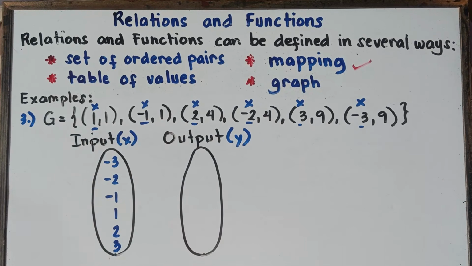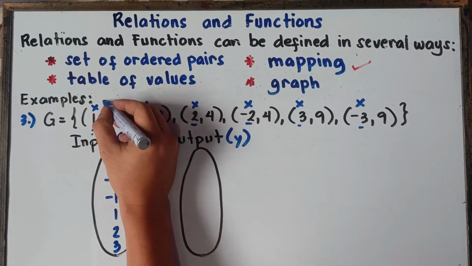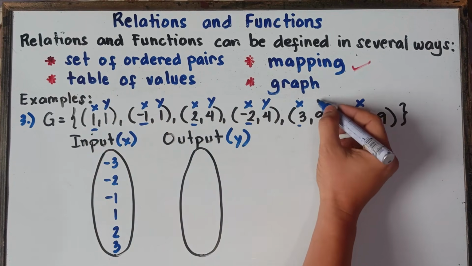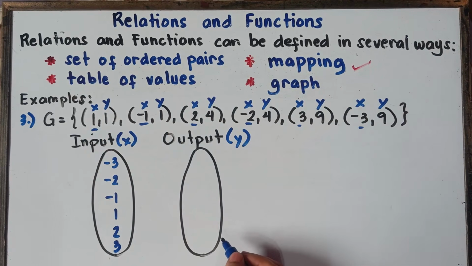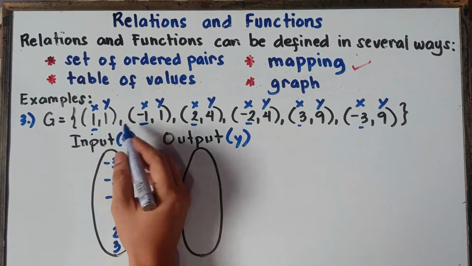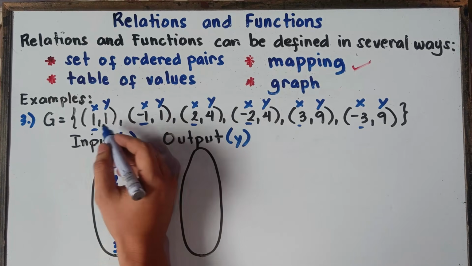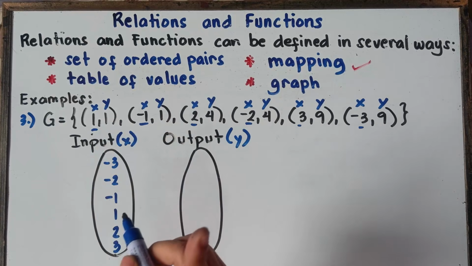Alright, and then for the output, we have this one right here, the second number. Those are the outputs. So the smallest number we have is positive 1. We have 2, positive 1, simply write down 1. That will be really the same, class.